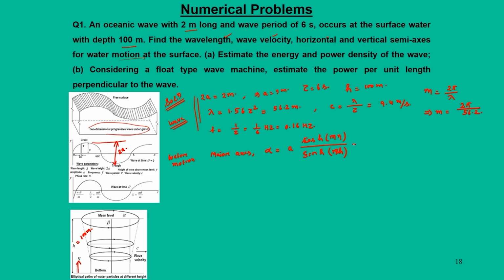Putting this number, we write cos hyperbolic twice pi by 56.2 into eta, the water motion at the bottom, because we have given the height for the bottom at 100 meter, and then sine hyperbolic twice pi by 56.2 into 100.